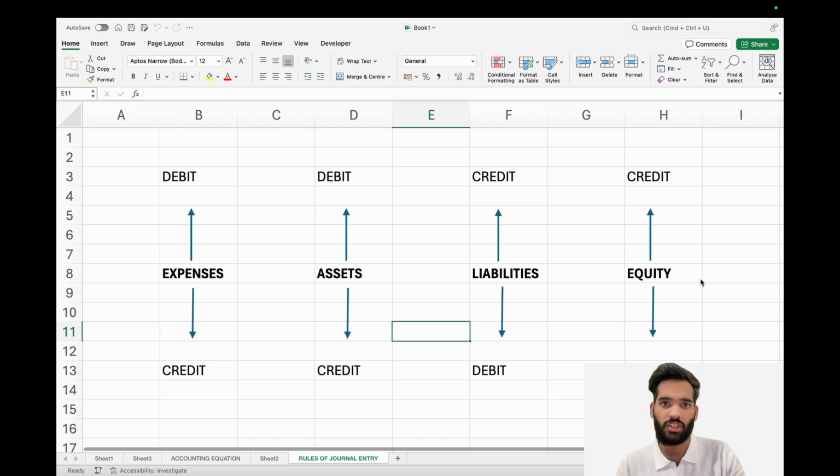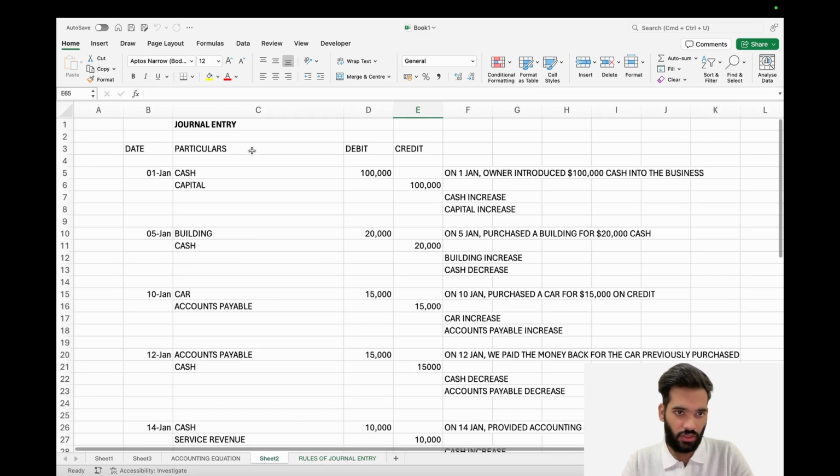So we already covered the journal entries, and hopefully you saw that it's actually not random to do journal entries. It's very logical, right? If you understand which account is going up and down, we are just applying the rules of accounting journal entry into recording them. So now we have the step that comes after recording the journal entries, which is the T accounts.